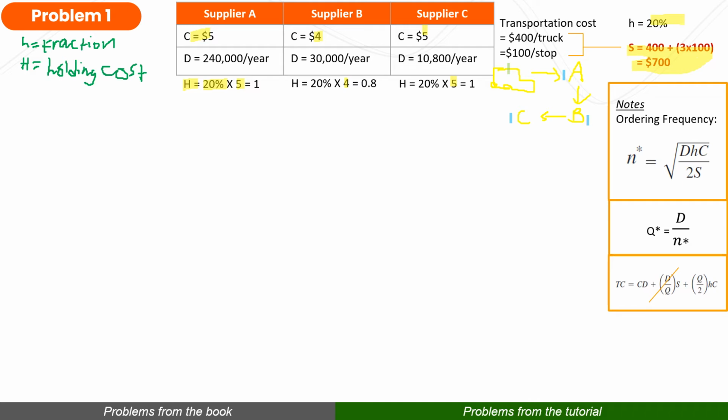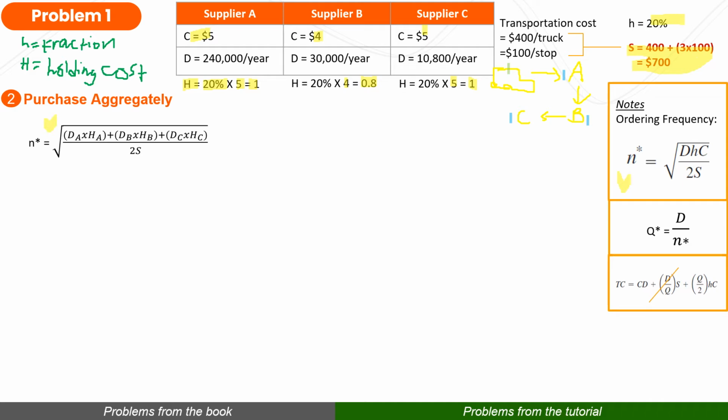And then we compute the purchase aggregately. So first we need to compute the ordering frequency or the N star. Okay, so the formula is as you can see in here, but since we have 3 suppliers and we want to purchase aggregately, we need to use this formula.